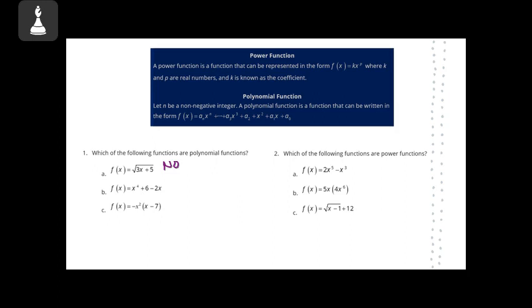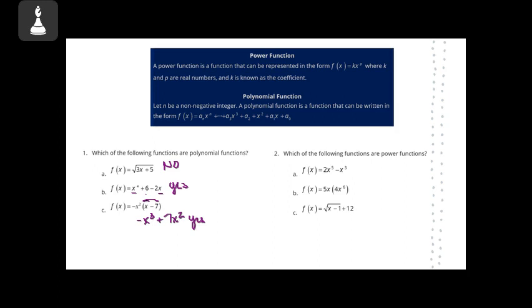If I look at B, I've got a fourth power, an x, a number, multiple terms raised to powers. Yes, that is fine. C, it looks like we're factored here. So let's distribute this out. Negative x squared times x is negative x cubed. Negative x squared times negative 7 is plus 7x squared. Yes, that now looks like a polynomial function.